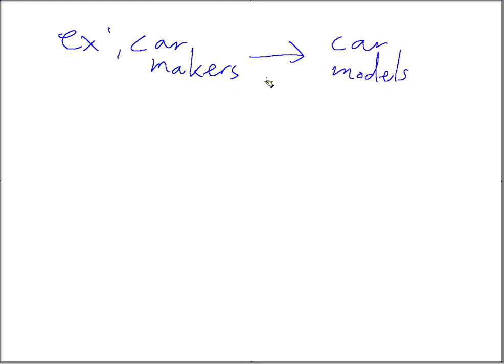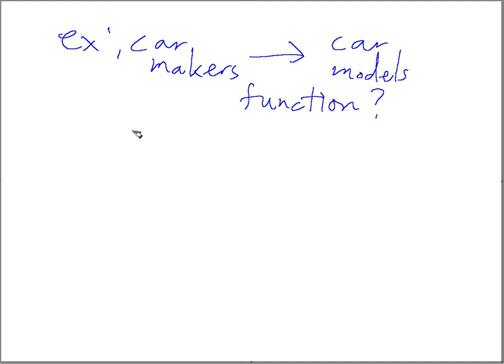All right. So is this relationship a function? Let's say I have a function that relates car makers such as Honda, Toyota, Chevy, for example, and so on, to the car models here, right? Is this a function? Well, again, car makers can make multiple models.